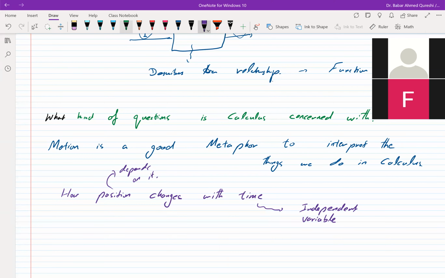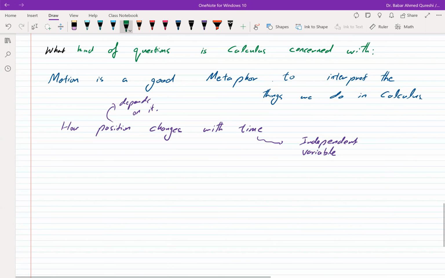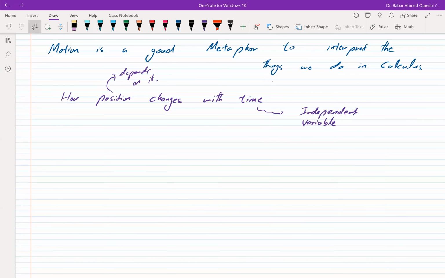Now, my question is, what kind of questions can calculus answer? The main problem of calculus was probably stated by Zeno in antiquity in terms of a paradox. So, Zeno's paradox of motion, which we are describing over here.